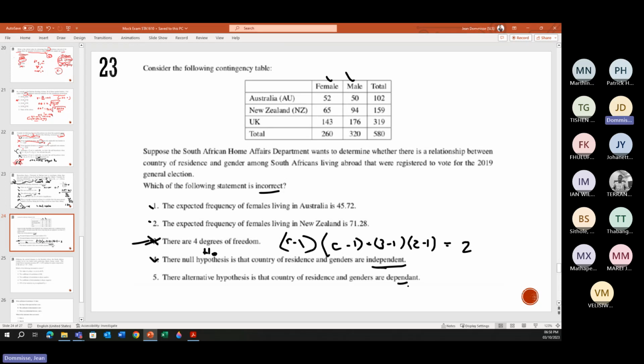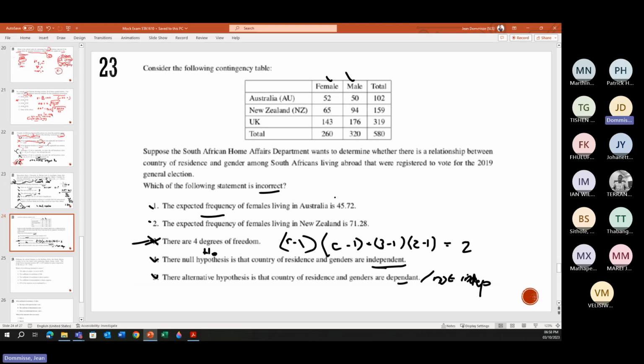So look out, they can use the word dependent or not independent. Don't get caught up in the use of English words. So that again is correct.